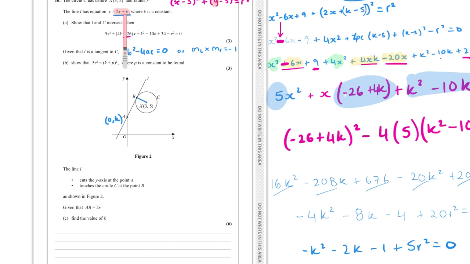Because the line has this equation, and my k is my y-intercept. Touches the circle at point B, great. Given that AB is 2 lots of the radius, find the value of k.